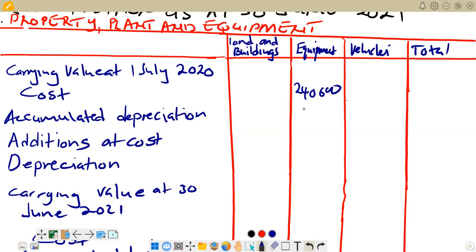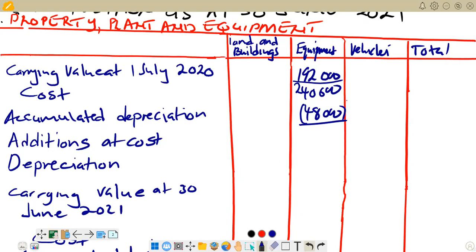It's stated there, it's given in the list of balances, and then the accumulated depreciation that we are given in the list of balances as opening was 48,000. Then we subtract here to get the net book value. So when you say this one minus this one, you get now the carrying value: cost minus accumulated depreciation gives the carrying value. So you calculate that one, you're supposed to get 192,000.